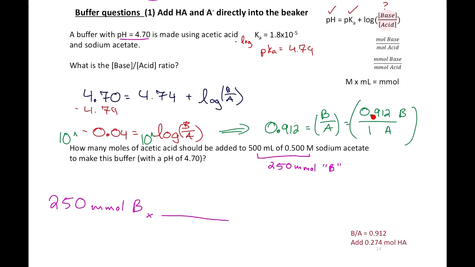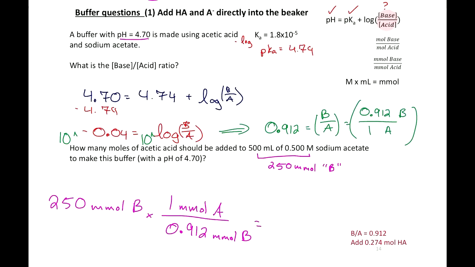Am I going to put it on the top or the bottom? Not on the top. Right now I'm in the unit of base, so I want to put the base number on the bottom. So I'm going to put the 0.912, we can say, okay, 0.912 millimoles of base is required for every 1 millimole of acid that I need in my buffer to make this certain pH.